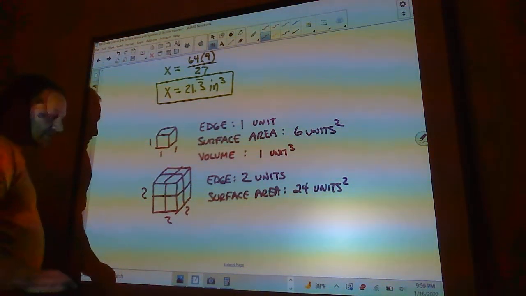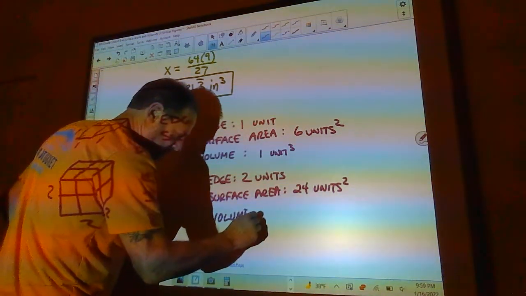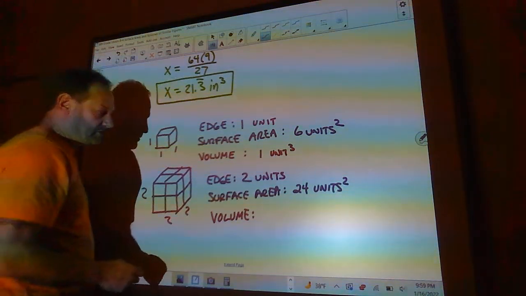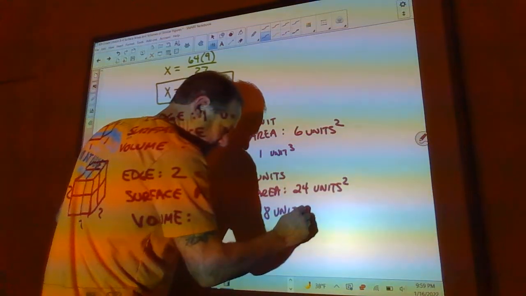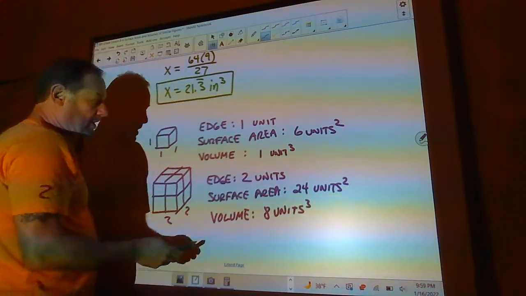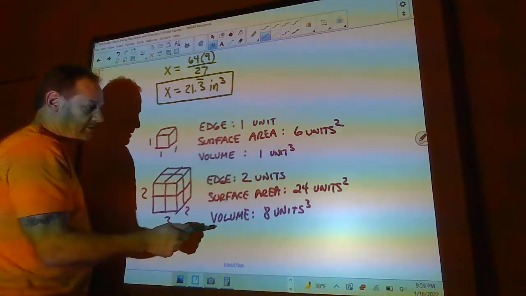Okay, now let's look what happened to the volume. Okay, the volume is the length times the width times the height. 2 times 2 times 2, that's 8. 8 cubic units. So the scale factor is 2 to 1.